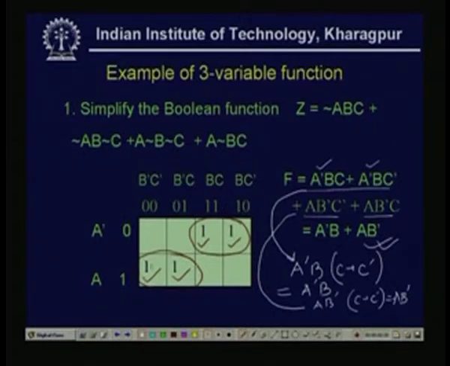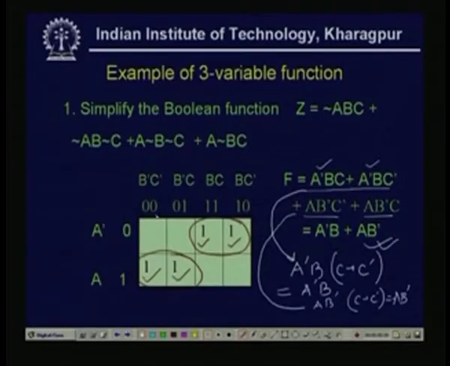For the second couple, the second row represents the literal a, and for the first 2 columns, 0 0 and 0 1, b bar is fixed, whereas c exists both in complemented and uncomplemented form. So, it will nullify. From the first 2 columns, b bar will be there, and for the second row it will be a. So, it will reduce to a b bar. In that way we can directly tell that it will be a b bar.